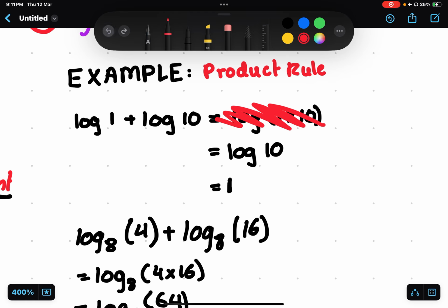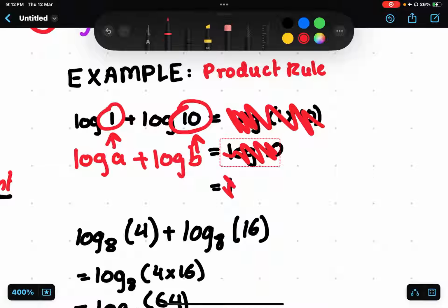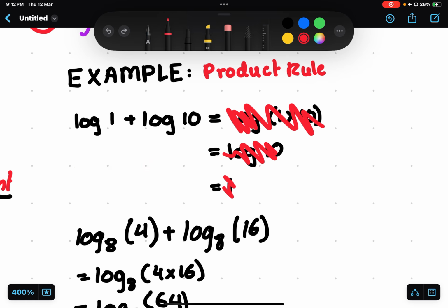Using the identity that we just looked at, we can understand that this would equal log 1 times 10, because we have log A plus log B. Here A is our 1 and B is our 10. So we can write this out as log 1 times 10. Now 1 times 10 is 10, so this becomes log 10.